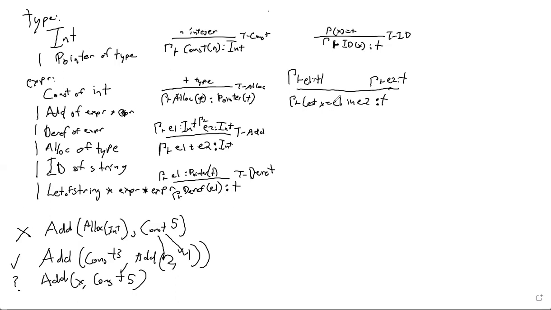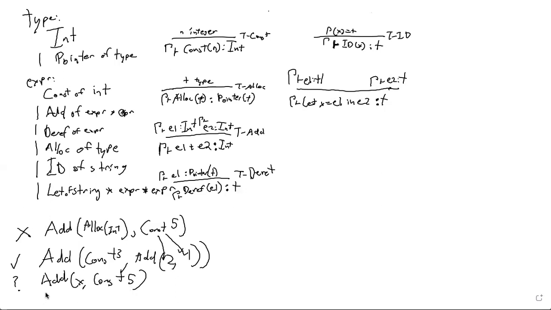Then what we also need to say is something about X. We want to use X, now that we've defined it, in this new expression over on the right. The reason this is wrong is that E2 needs to have this new information.